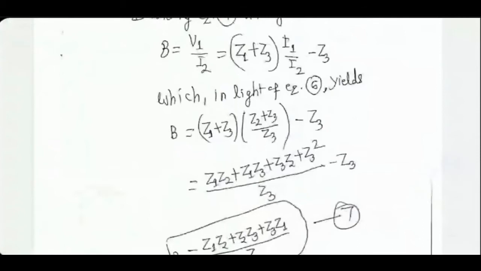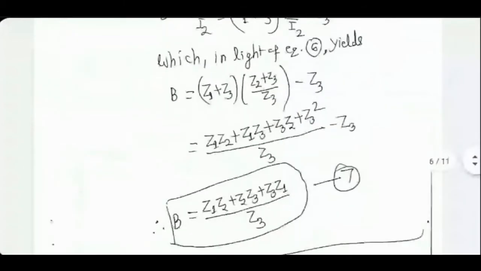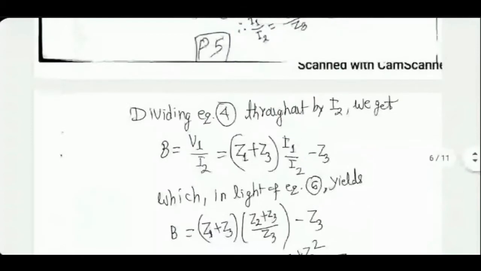B turns out to have a very interesting shape: Z1 Z2 plus Z2 Z3 plus Z3 Z1 divided by Z3. B has dimensions of impedance, obviously. Okay, please go through the derivation. I think it's fairly clear how I got to this point.